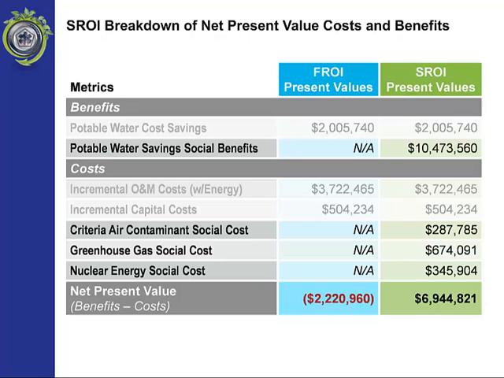The addition of the societal impacts obtained by constructing the plant versus constructing an additional sewer line results in a positive net present value for the proposed project.